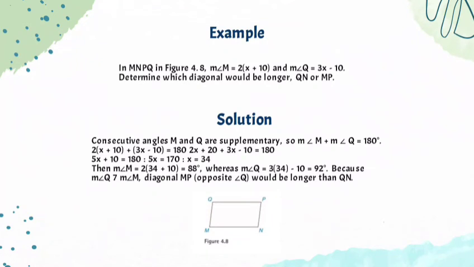Then 5x equals 170, and x equals 34. Then the measure of angle M equals 2 times 34 plus 10, which is 78 degrees, whereas the measure of angle Q equals 3 times 34 minus 10, which is 92 degrees. Because the measure of angle Q is greater than the measure of angle M, diagonal MP, opposite angle Q, would be longer than segment QN.